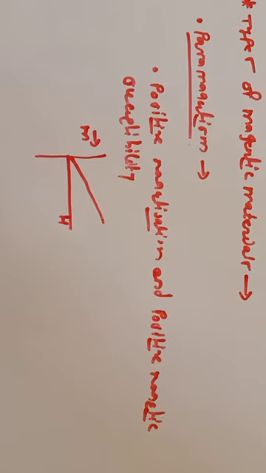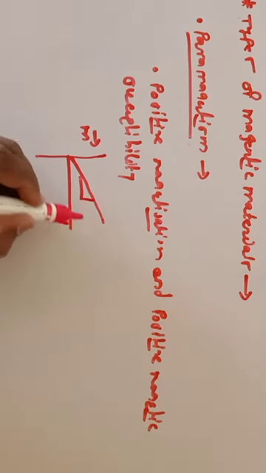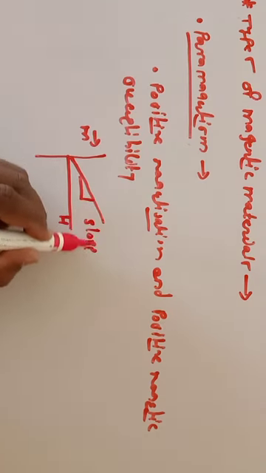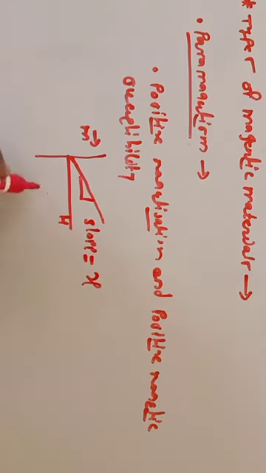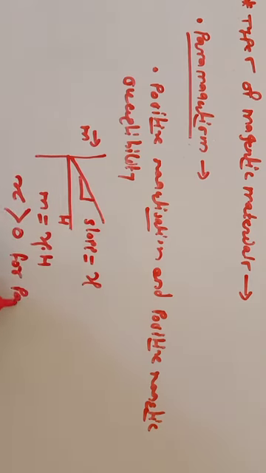That is, as the applied field strength increases, the magnetization also increases, and the slope is equal to the magnetic susceptibility, because we know that M is equal to magnetic susceptibility times applied field strength. In other words, the magnetic susceptibility is greater than 0 for paramagnetic material.